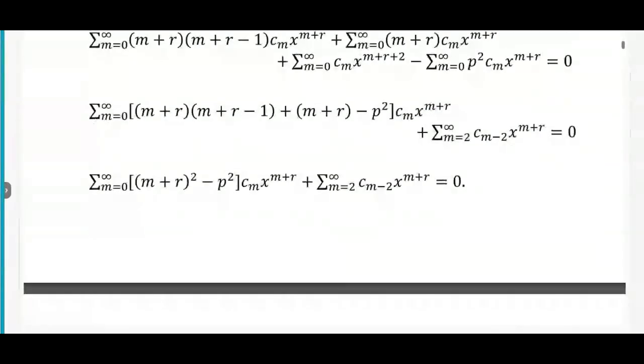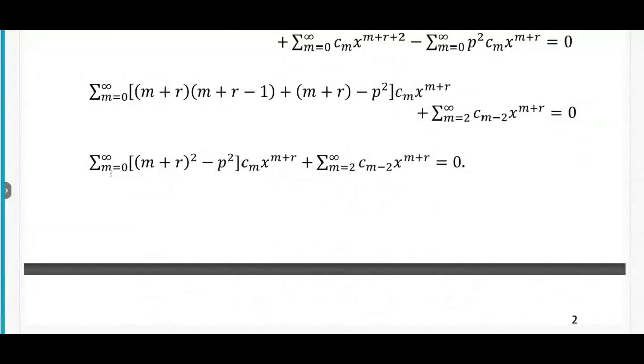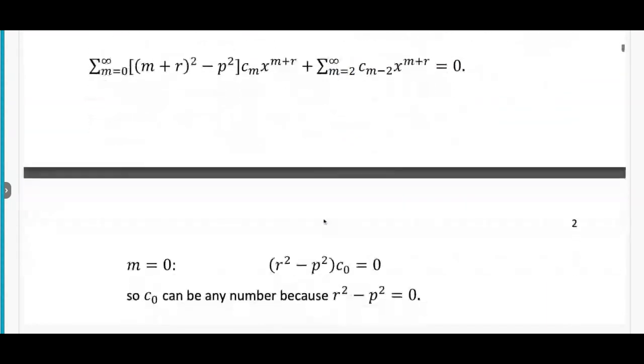We simplify. Then we see this sum starts from 0, but this one starts from 2, so we have to deal with m equals 0, m equals 1, and m equals 2 onward separately.